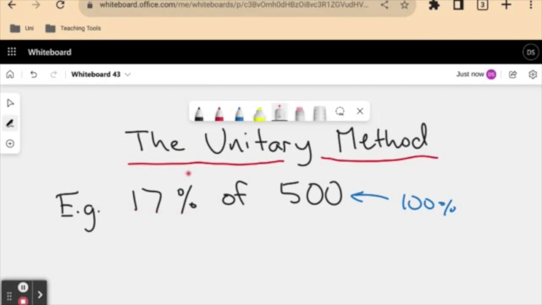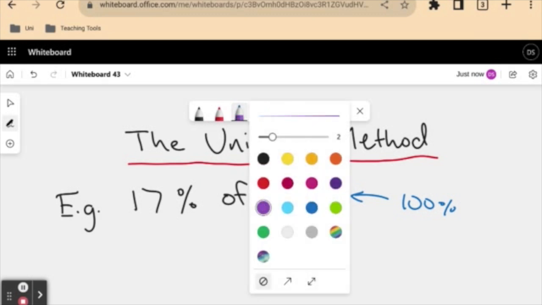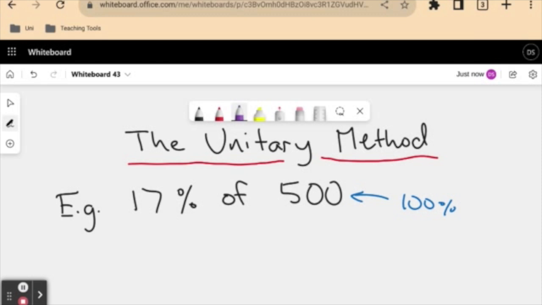So I want to get this whole number, which is my 100%, to a number that represents 17% of that. So what I'm going to do here is I'm going to write that 100% is equivalent to 500 in the context of this question.